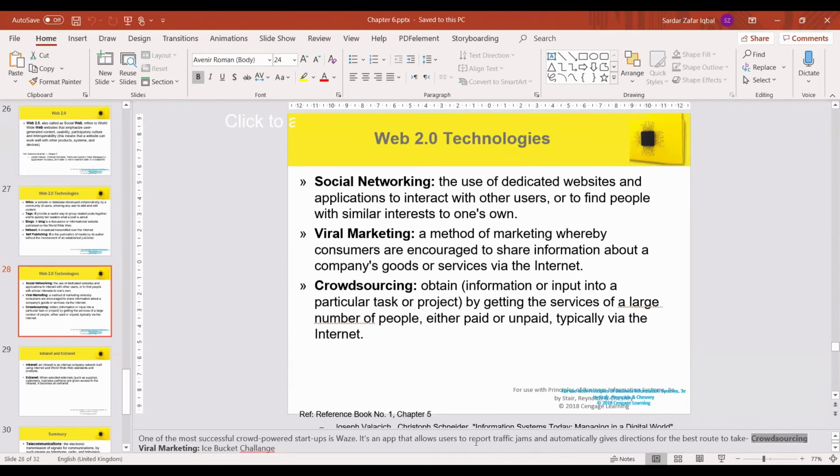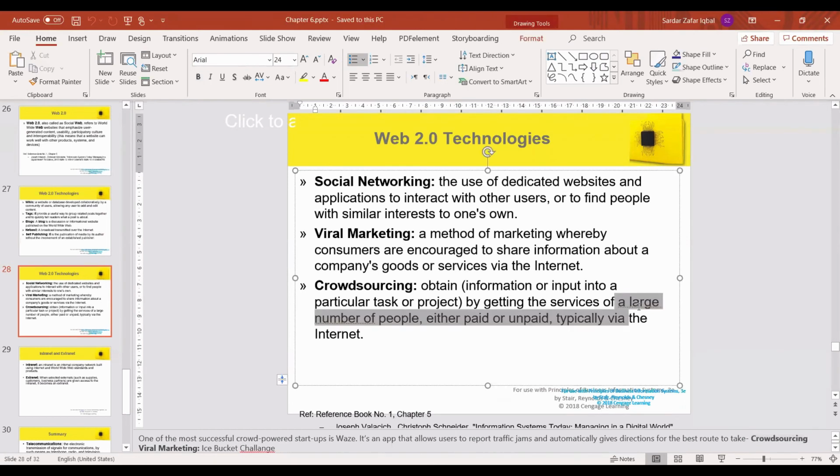So you can report about the traffic jam and people get informed. So this is called crowdsourcing. The information or input or output, particularly task or project, by getting the services of a large number of people, either paid or unpaid, typically via internet.